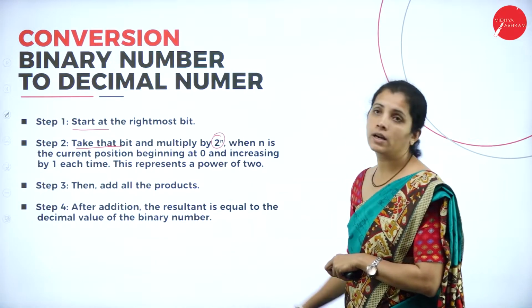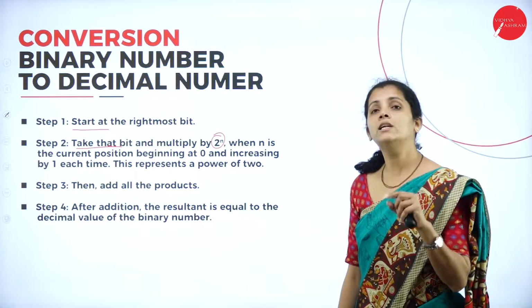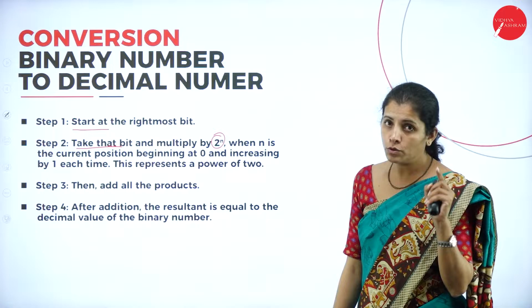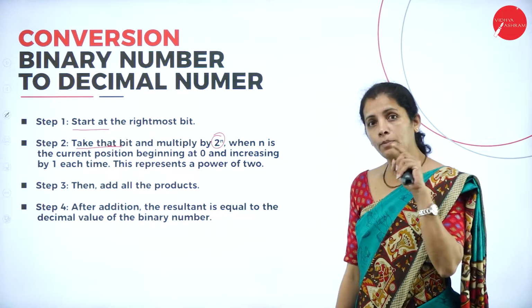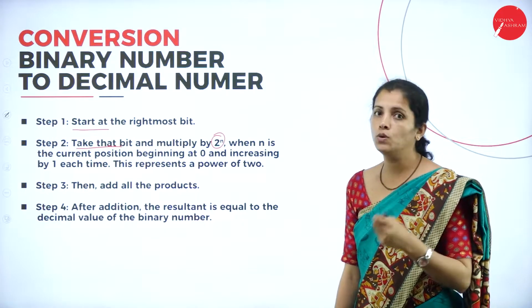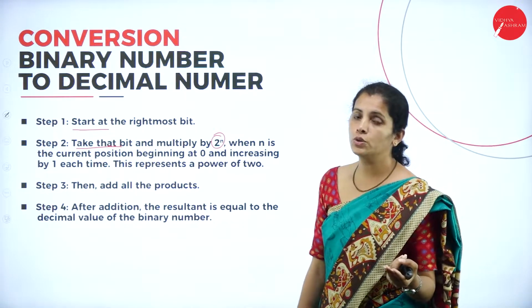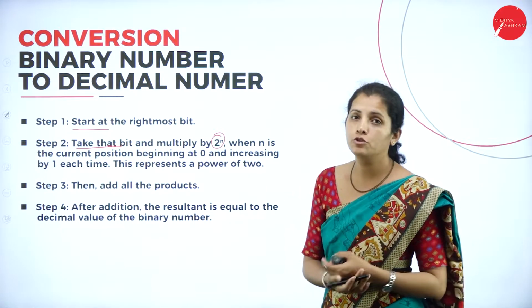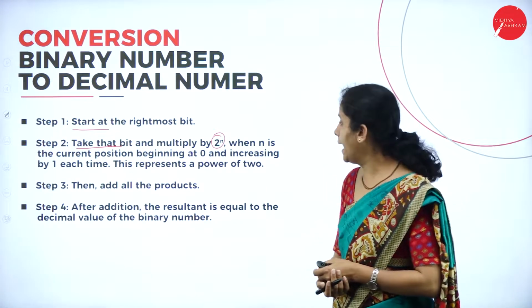I'm going to consider the bit position. So if the bit is present at position 0, then 2 to the power 0. If the bit is present at position 1, 2 to the power 1, at position 2, 2 to the power 2, and it continues, and at the nth position, it is 2 to the power n.